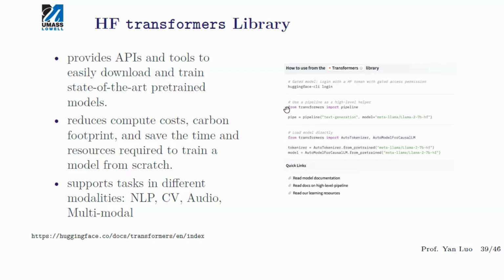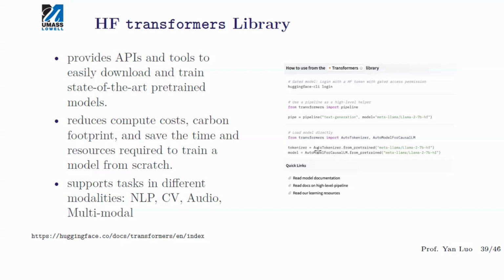Once you are able to log in, then you can use either the pipeline as a high-level framework to select the model and then perform the chosen function. Or you can use the model by downloading the model locally. So this is actually what we provide in the example.